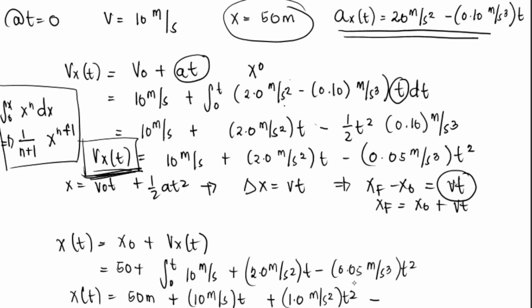Okay, 1/3 of 0.05 is 0.017 meters per second cube multiply by t cube. Okay, so that would be our value or our expression of x as a function of t or with respect to t.